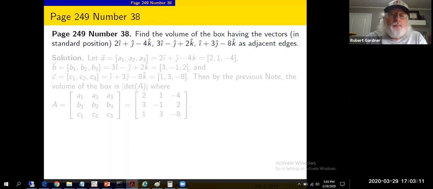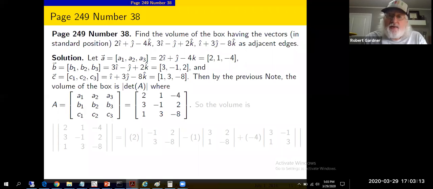Okay, well, take those vectors, find their components. So translate from this IJK notation into the square bracket notation. That gives us the three vectors we just saw. Put those in a matrix as rows. It's the first time we've done this stuff with rows, and it's about the last time we'll do this stuff with rows.